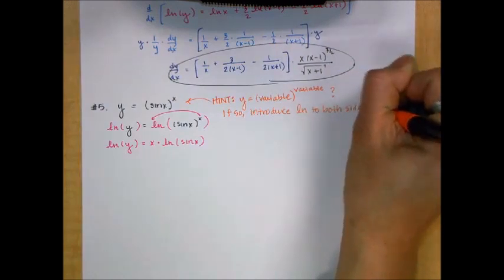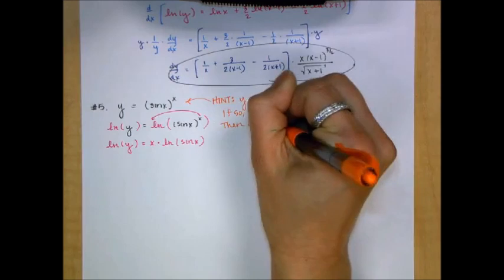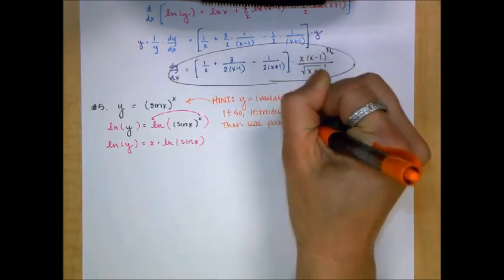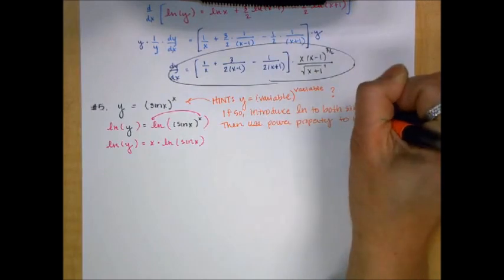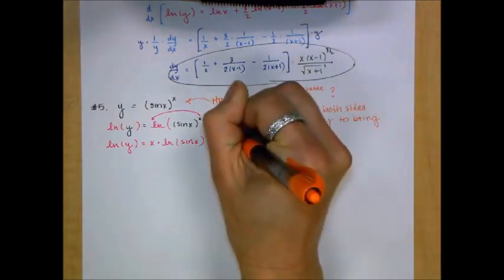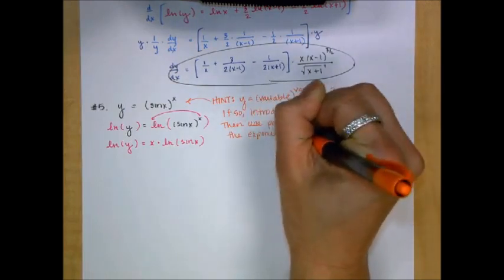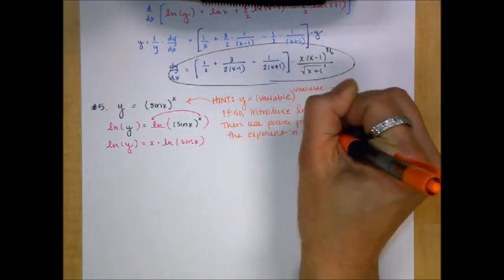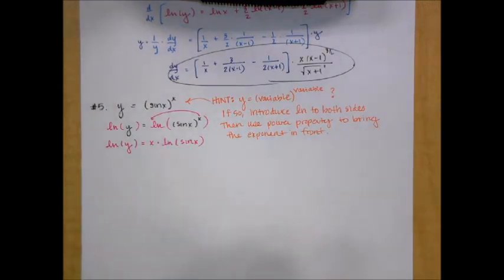Then you'll use your power property to bring the exponent in front. From there, it's your product rule. So you'll see problems like this over and over throughout the unit. So we want to finish the problem here by taking the derivative of each side with respect to x.